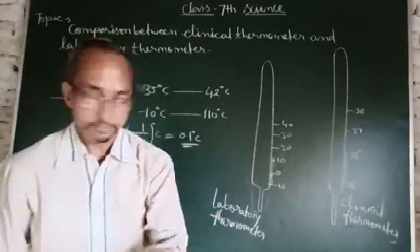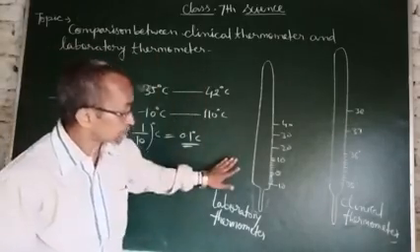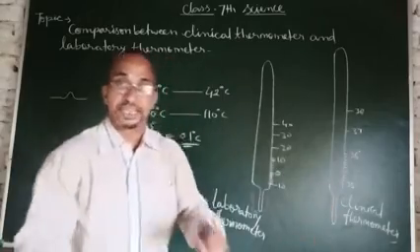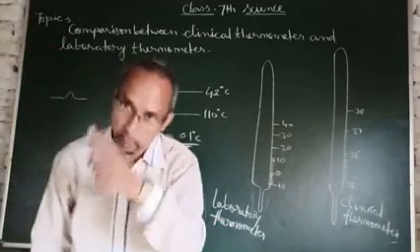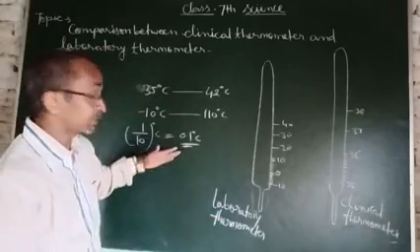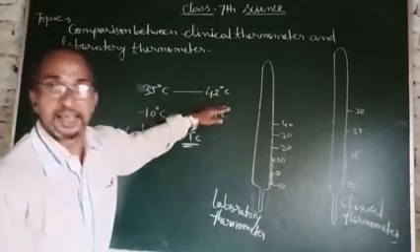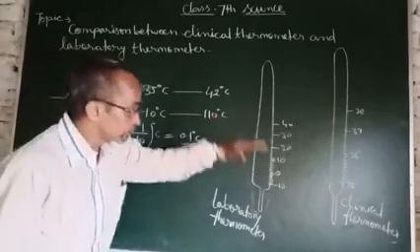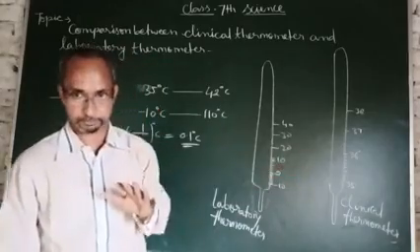Again, I will briefly go over the differences between the clinical thermometer and laboratory thermometer. Clinical thermometer has a kink, laboratory thermometer has no kink. The range of clinical thermometer is 35 degrees Celsius to 42 degrees Celsius, and the range of laboratory thermometer is minus 10 degrees Celsius to 110 degrees Celsius.